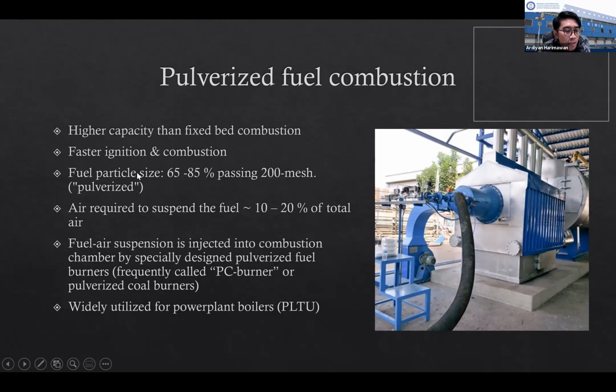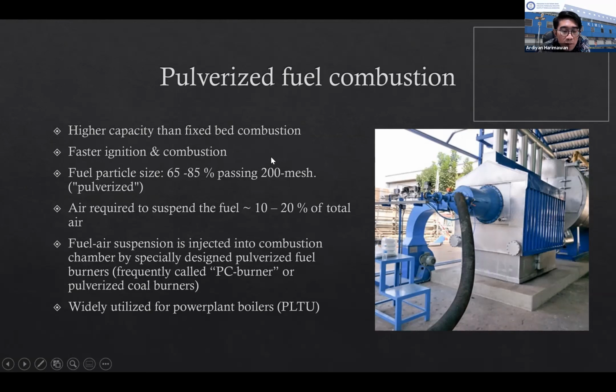Then the size is smaller, which is why we call it pulverized. The fuel particle size is such that around 65 to 85% passes 200 mesh.